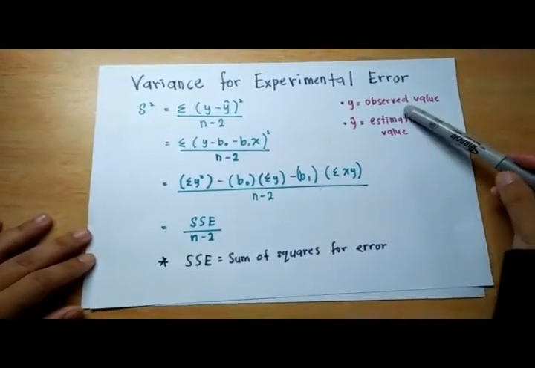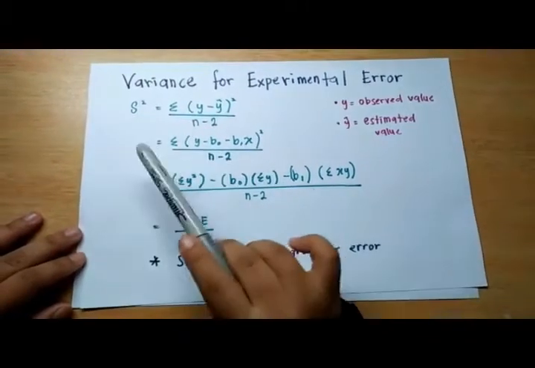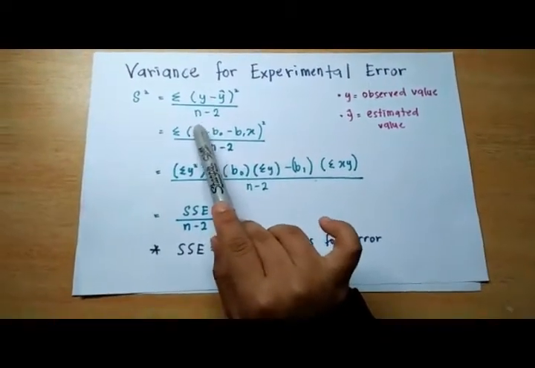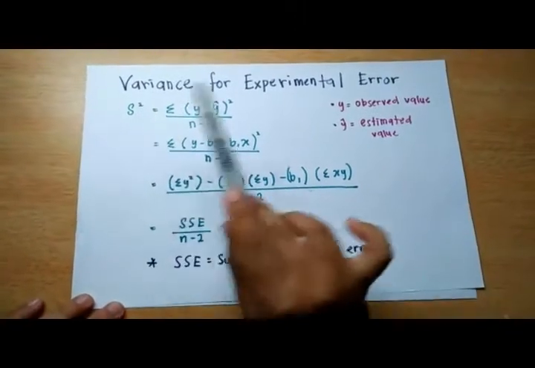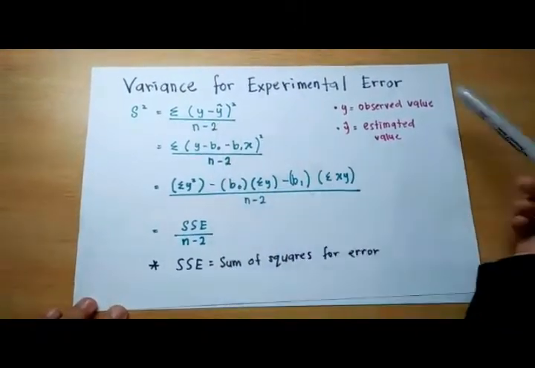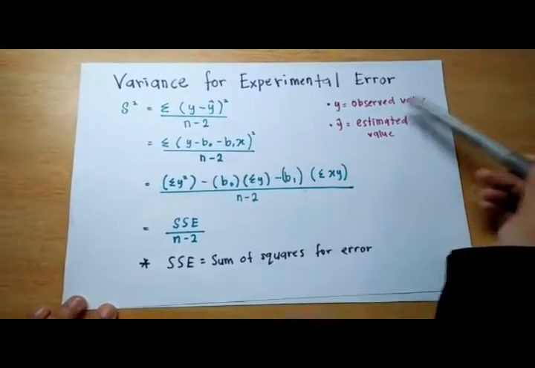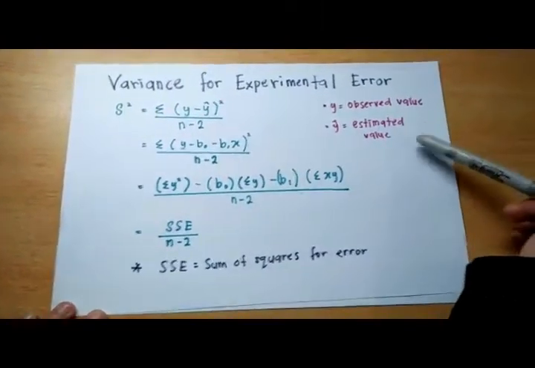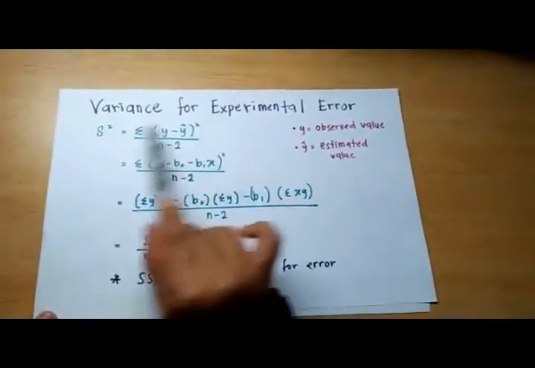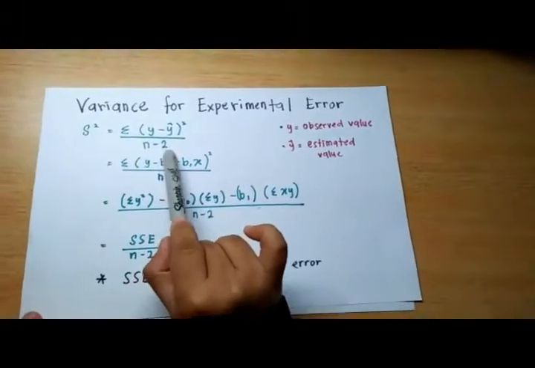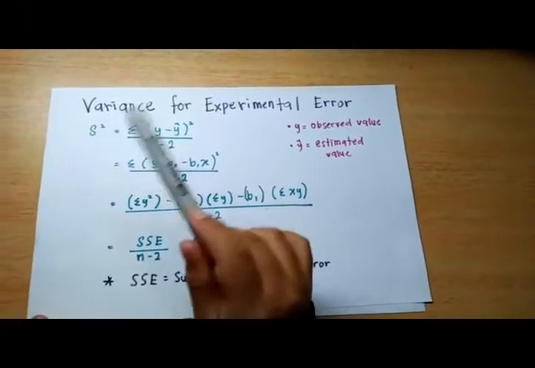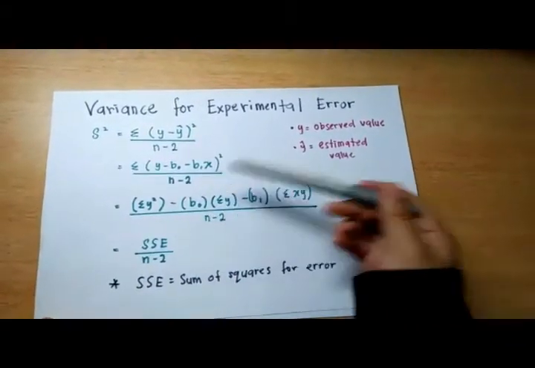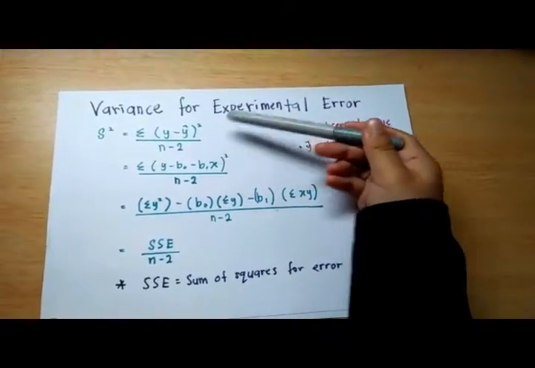In experimental error, we need the variance. The formula of the variance is the total of y minus y hat, where y is the observed value and y hat is the estimated value. We square it, then divide by n minus 2, where n is the number of data. So we have to derive the equation.